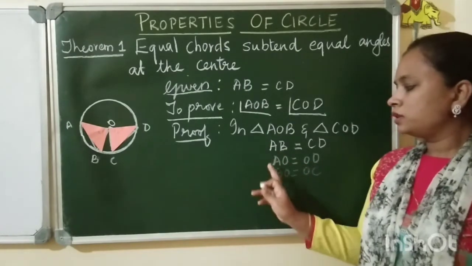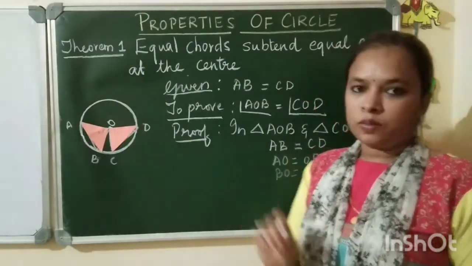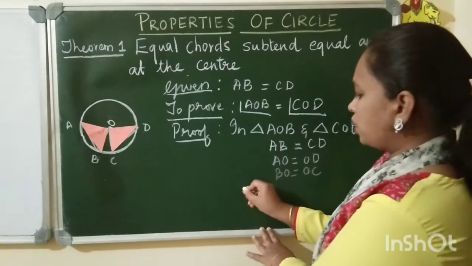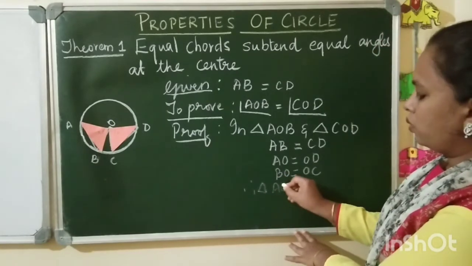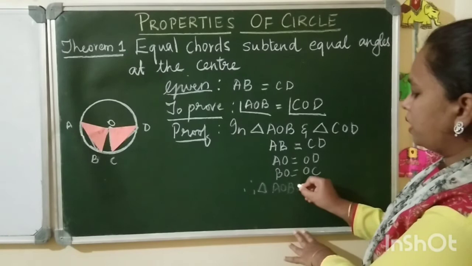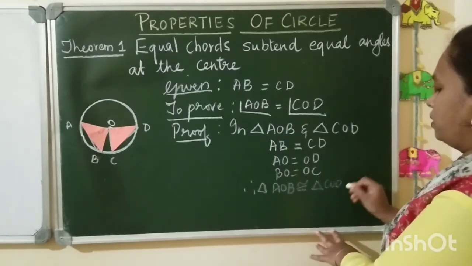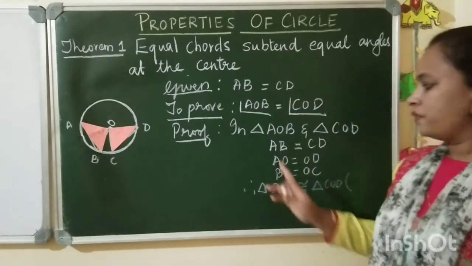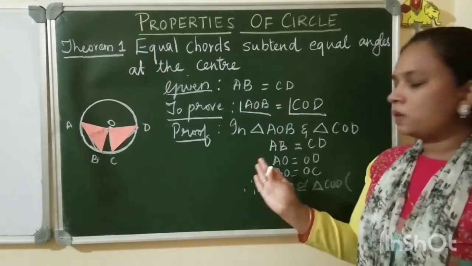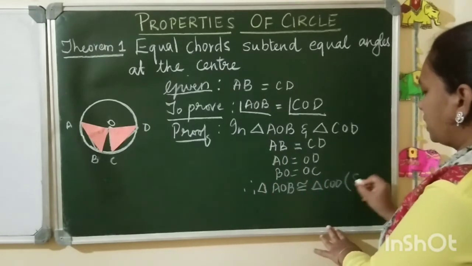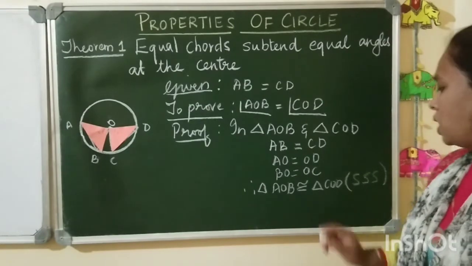So now three sides we have shown that one triangle is equal to the other triangle. So now you can write down, therefore triangle AOB is congruent to triangle COD, by which congruence we have compared the three sides of one triangle is equal to three sides of the other triangle. So we are using SSS congruence.